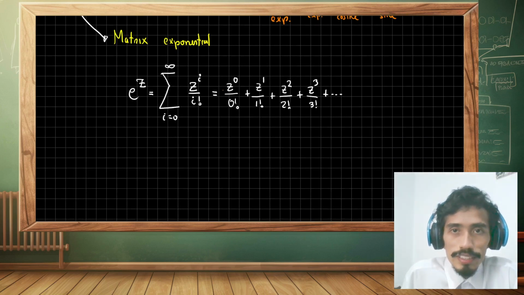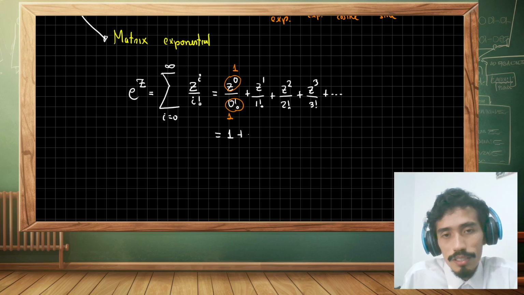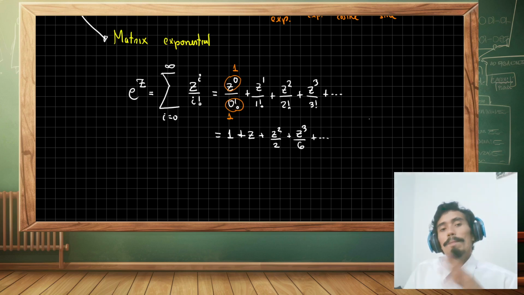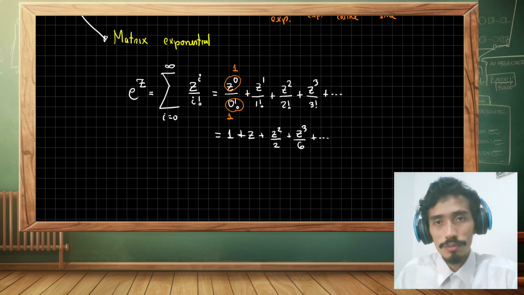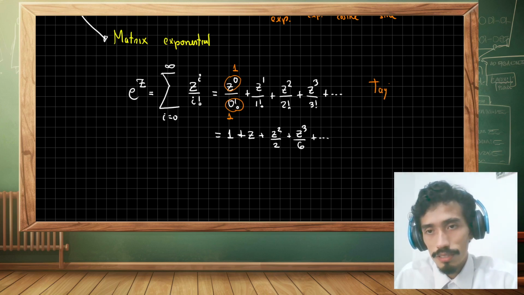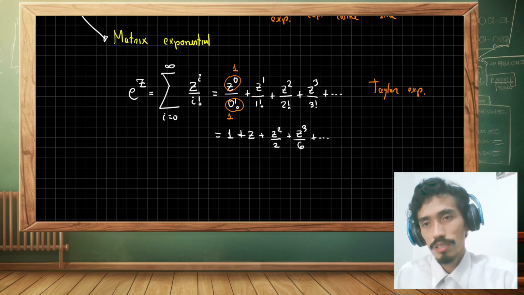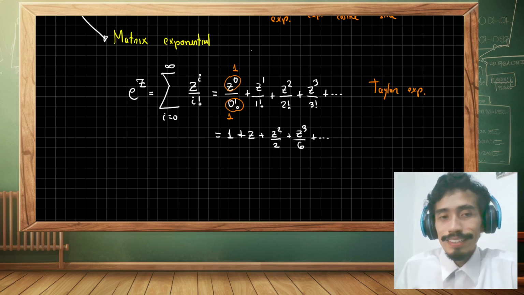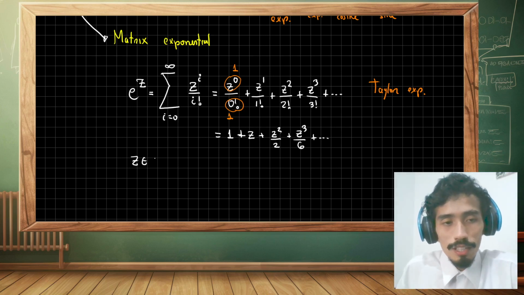So we agree that this is the number 1, this is also the number 1 by definition or by convention, and so this is also 1, plus zeta squared divided by 2 plus zeta cubed divided by 6 plus, and so on. So this is the Taylor expansion. We will write this quick Taylor expansion, and it makes sense for every complex number.